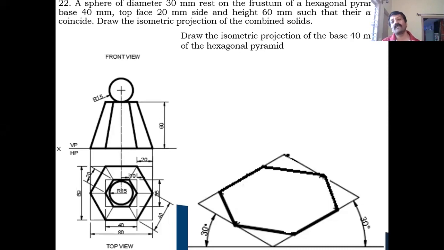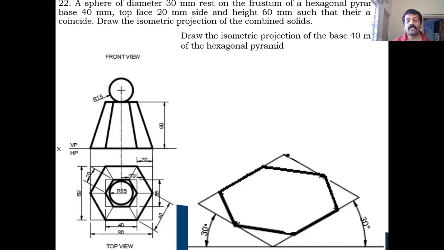That is nothing but the frustum of any pyramid. So the example which is given is the frustum of a hexagonal pyramid. It has a hexagon base that is different and a hexagon top face that is different. That is the dimension which he has given.